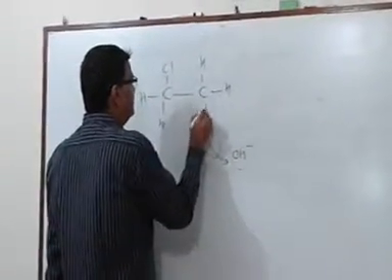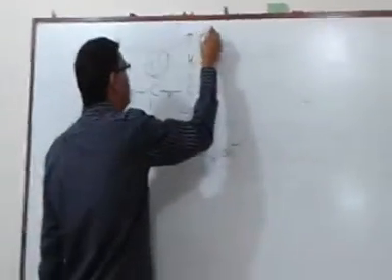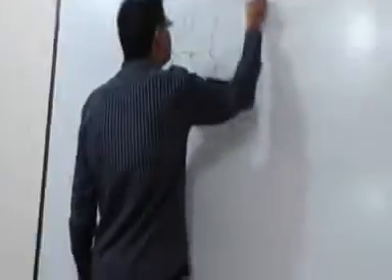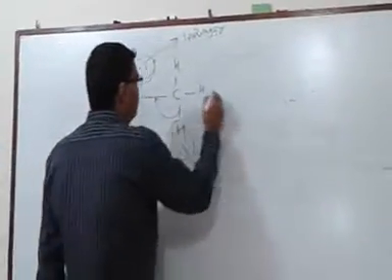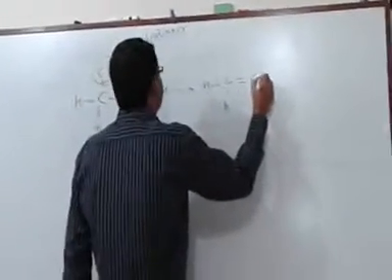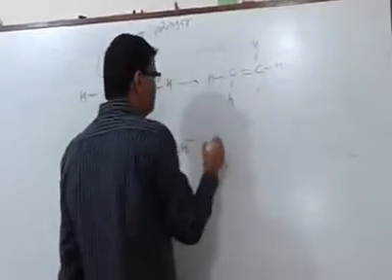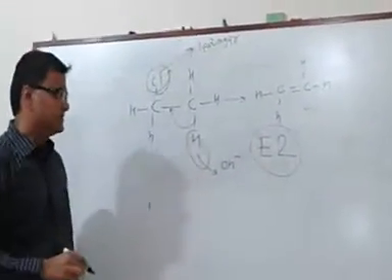At the same time, the bond shifts here and chlorine goes away as a leaving group. This results into shift of bond here, and what we will get is CH2 double bond CH2. This is the E2 mechanism that we have discussed.